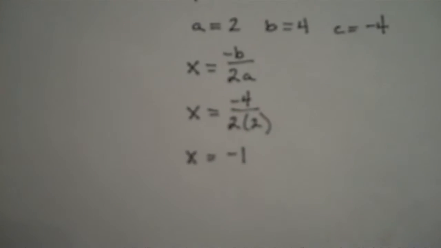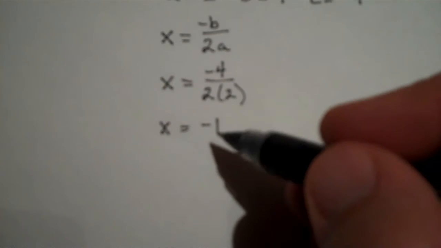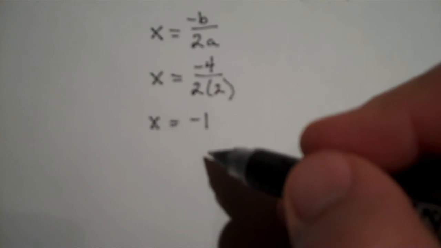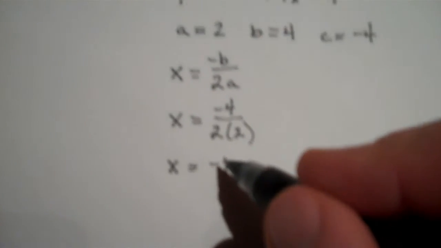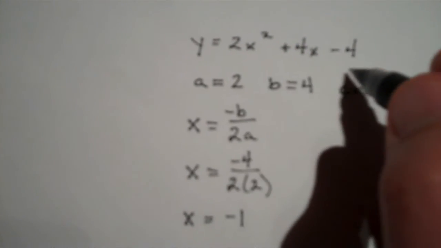Now I'm going to find the vertex of our parabola, which lies on our line of symmetry. Knowing that it lies on the line of symmetry, I know the x value will be negative 1. To find the corresponding y value, I'm going to take that negative 1 and put it into my equation.